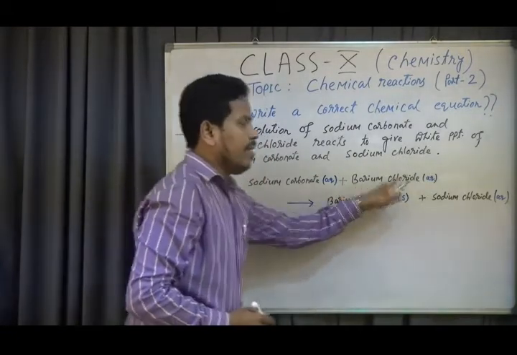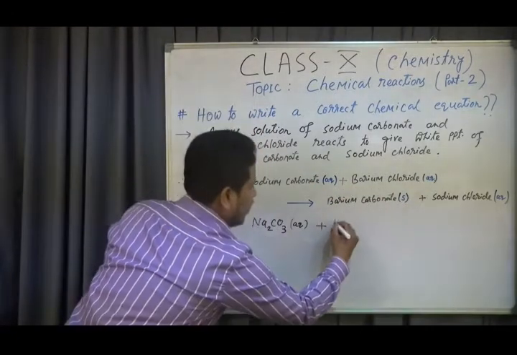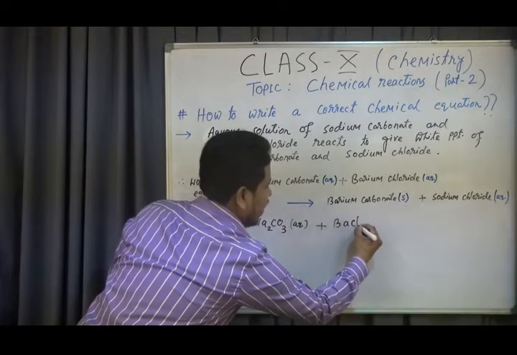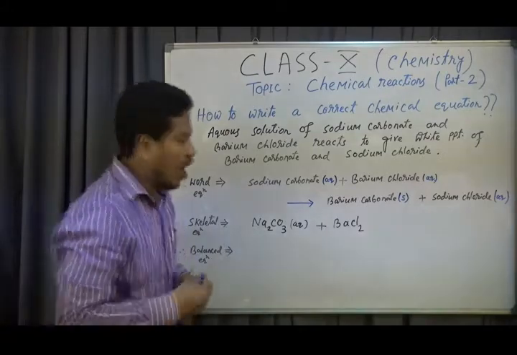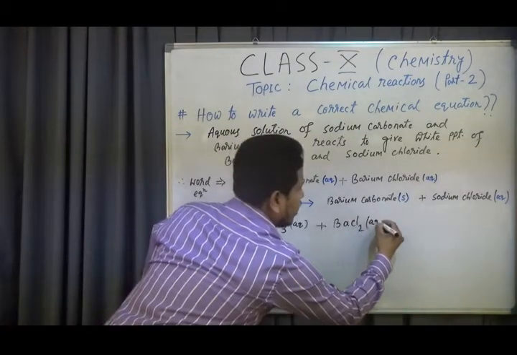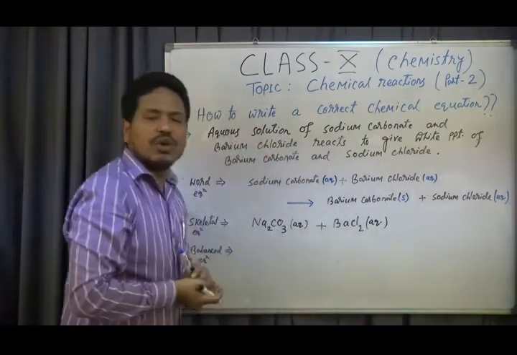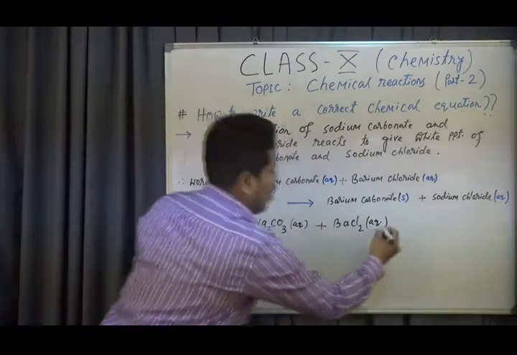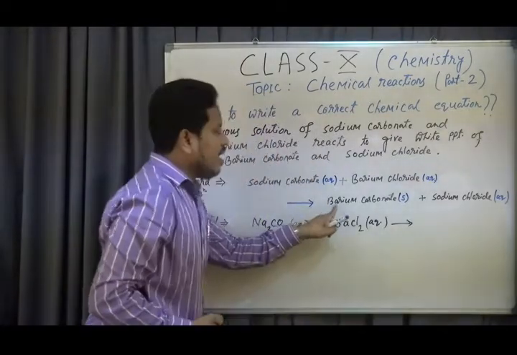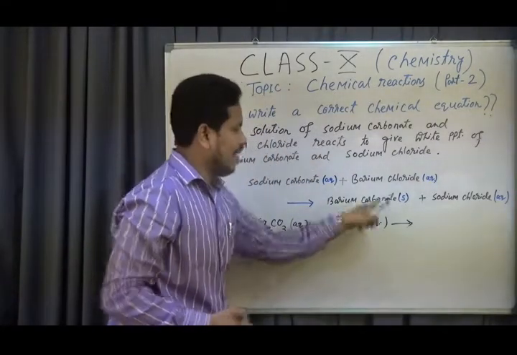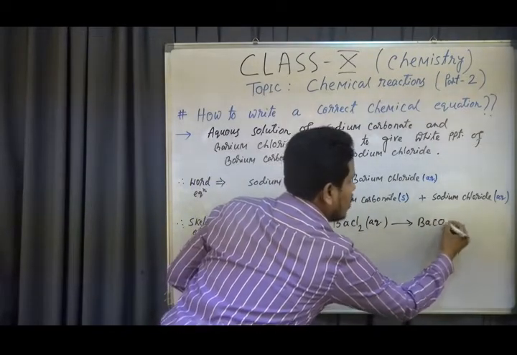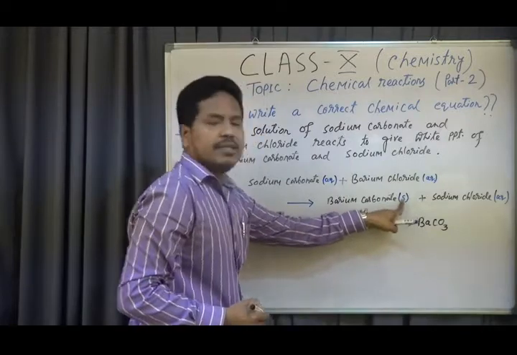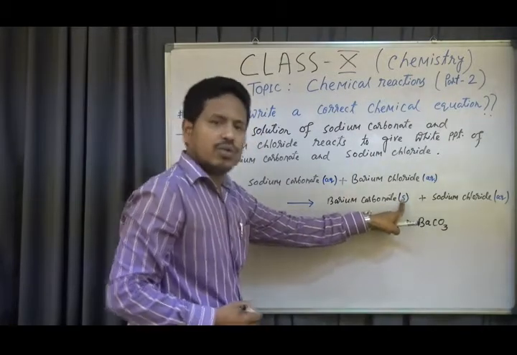The formula of barium chloride, the molecule of barium chloride, is BaCl2. This is also in aqueous medium, that is water soluble. (aq) means aqueous solution, water soluble solution. To produce barium carbonate, the formula of barium carbonate is BaCO3. This is solid, means insoluble, not an aqueous solution, my dear students.